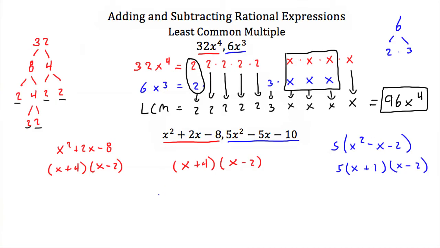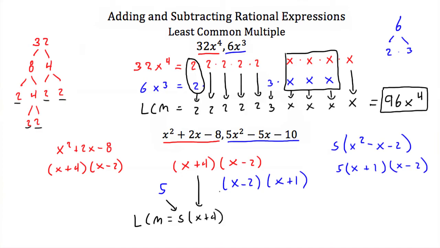My second set has a 5, an x minus 2, and an x plus 1. So my least common multiple then would have a 5, an x plus 4, 1 x minus 2, and an x plus 1.